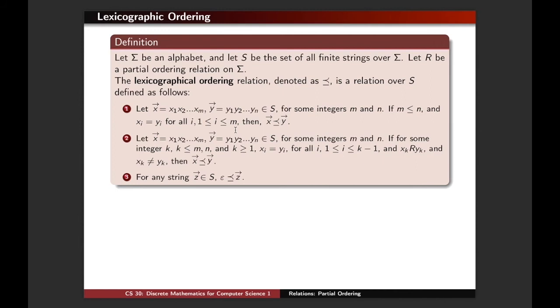In other words, we can think of string X as a substring of string Y. Then, we will say that string X is less than or equal to string Y.